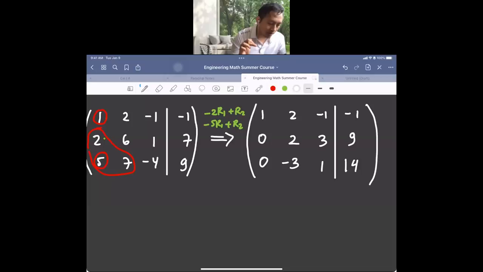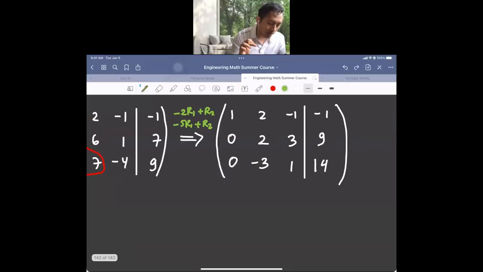Now we still have this part, right? This -3. What we can do now, or maybe before this -3, we see first this 2. We can make it 1, so we divide by 2.